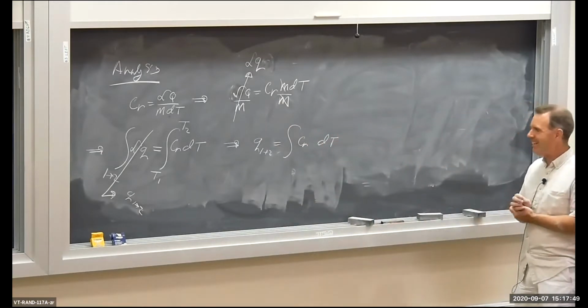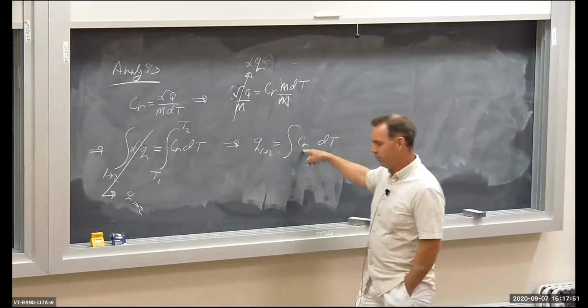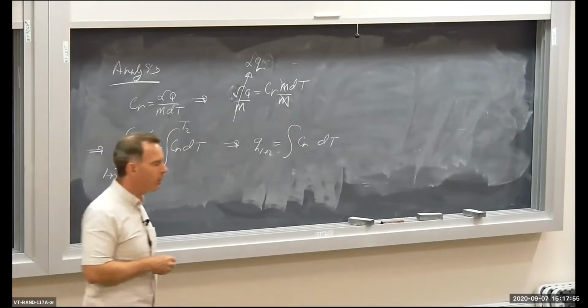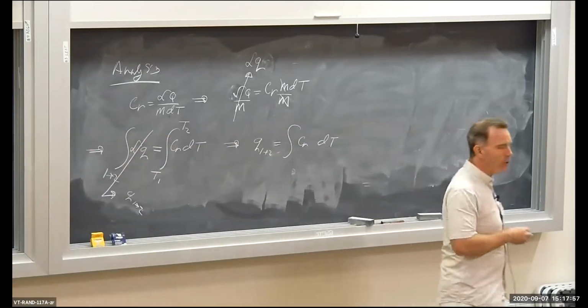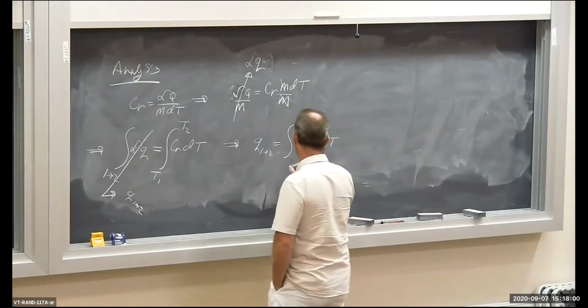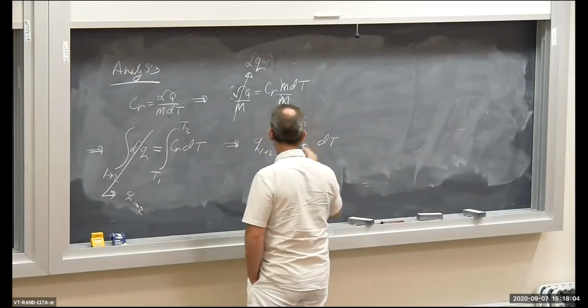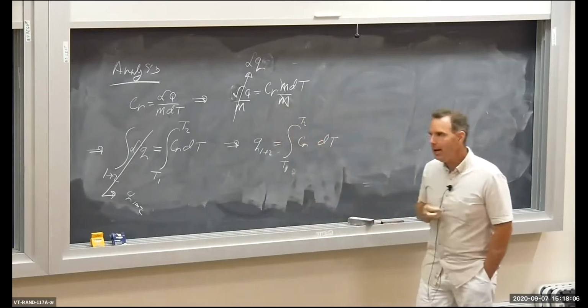Now what do we do? We need to integrate this. If I knew the functional form of Cv, I could integrate with respect to temperature. I don't know a lot about Cv at this point, and remember, we're integrating from T1 to T2. Air in a container.